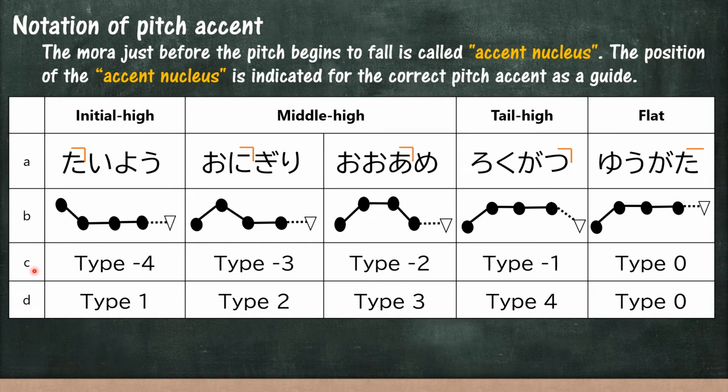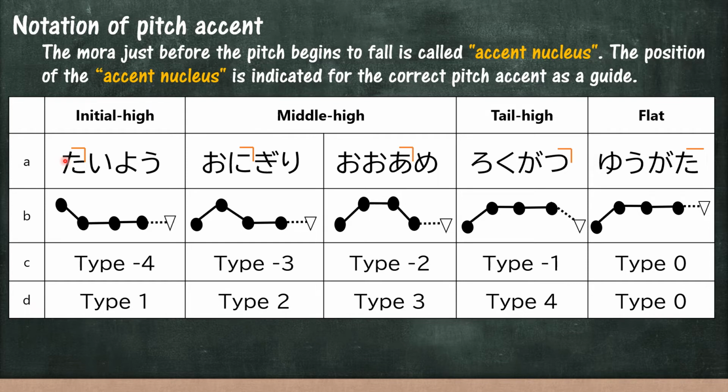And let's look at example C. It shows the position of the accent nucleus counting from the back of the word. So you can see that the pitch drops just after that number. So for example, 太陽. So from the back of the word, 1, 2, 3, 4. So the letter ta is the accent nucleus.